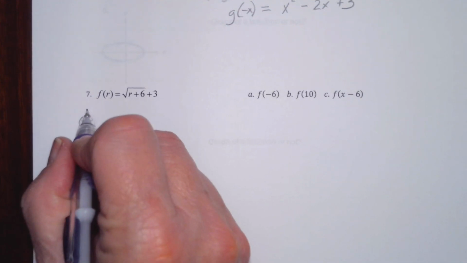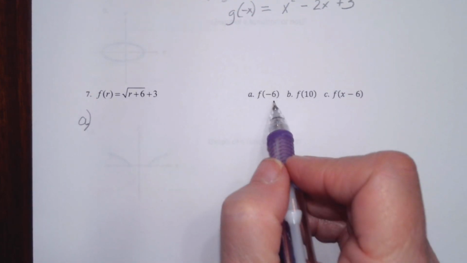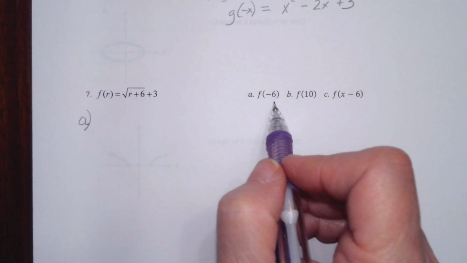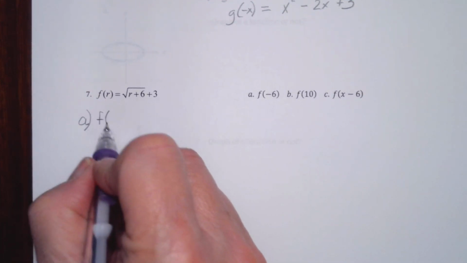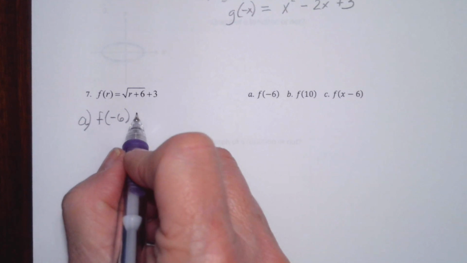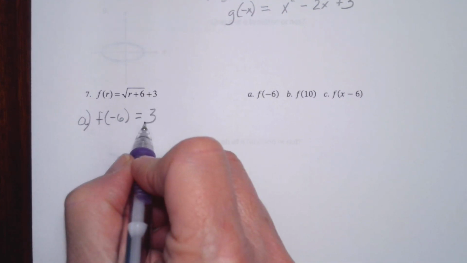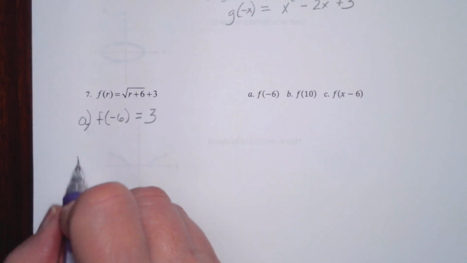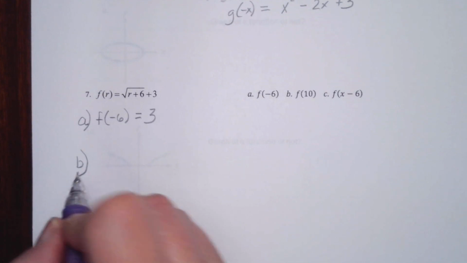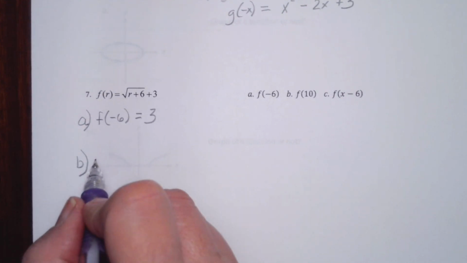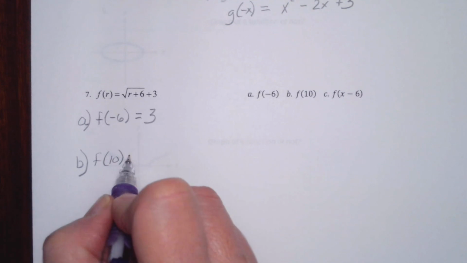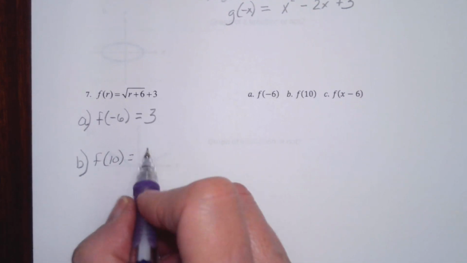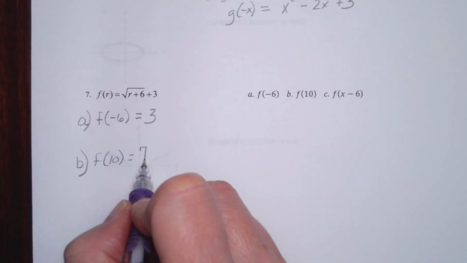All right, well, welcome back. So for A on this one, you should have gotten that f of negative 6 is equal to 3. Part B, when you input 10, you should have gotten 7.